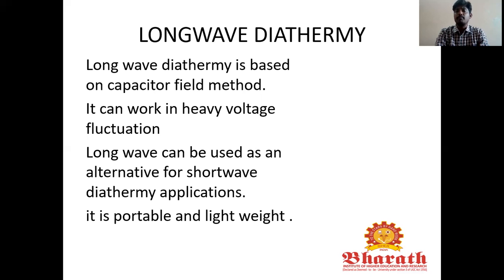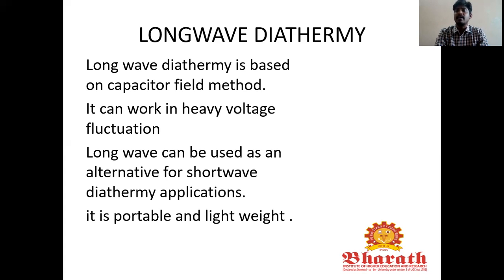Up to 40.68 megahertz frequency level we are using in short wave diathermy. If it is not possible to treat a pain with short wave diathermy, the doctor or physician will prefer long wave diathermy, because it can be applied with the capacitor field method.